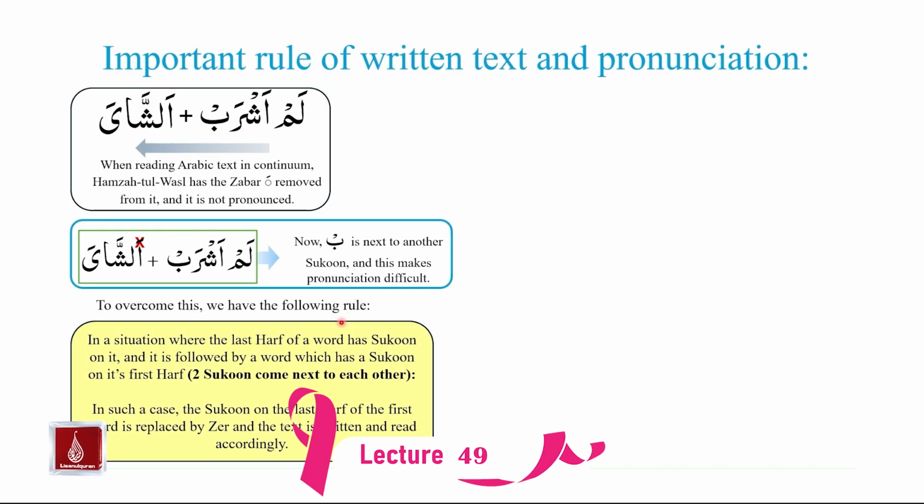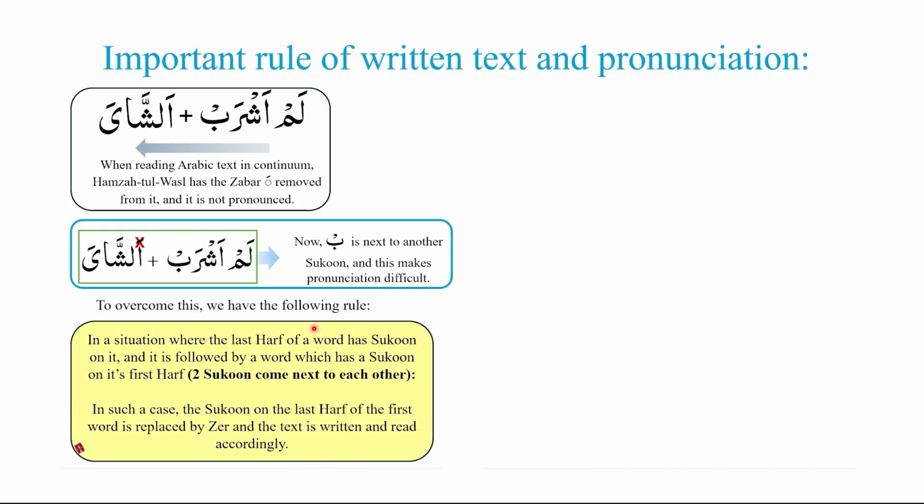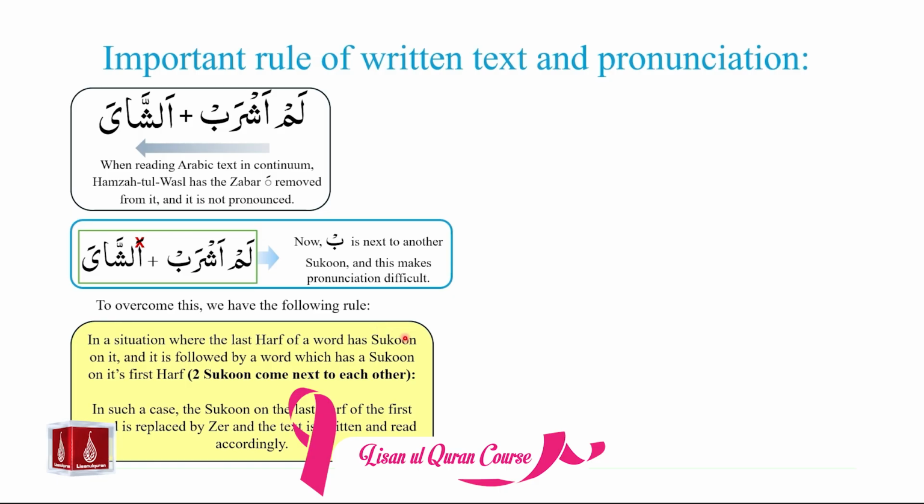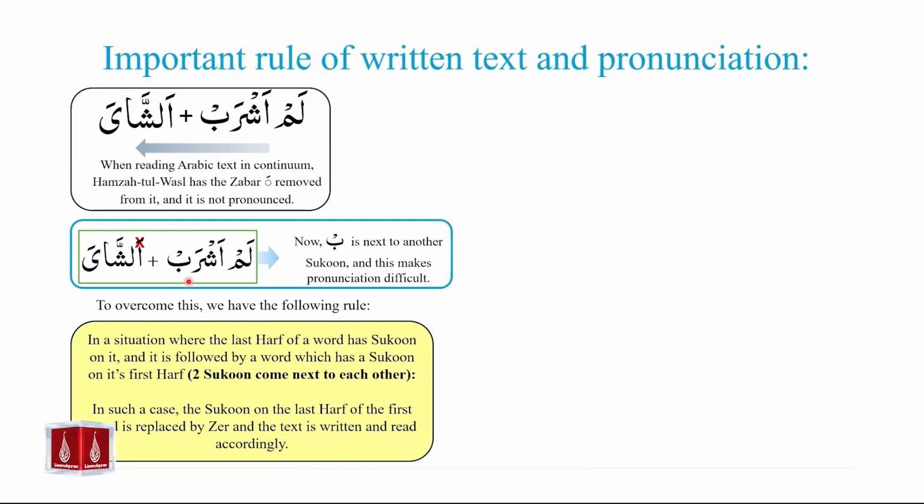In a situation where the last harf of a word has sukoon on it, and it is followed by a word which also has a sukoon on its first harf, that is, when two sukoon come next to each other, in such a case, the sukoon on the last harf of the first word is replaced by zair, and the text is written and read accordingly.